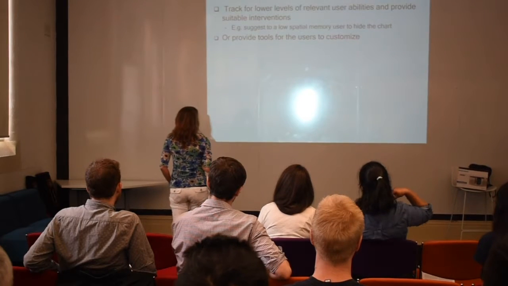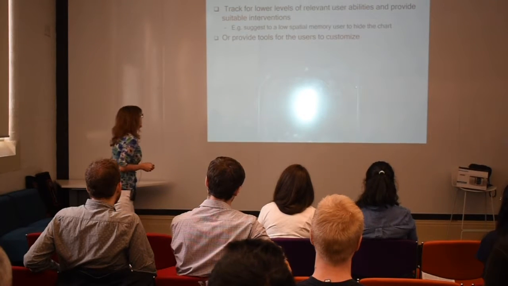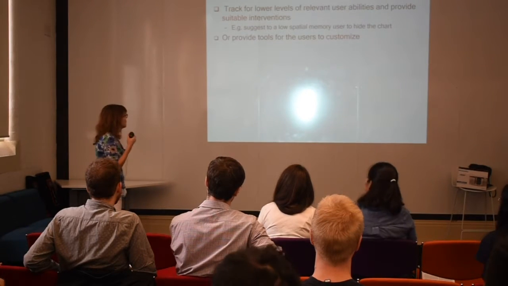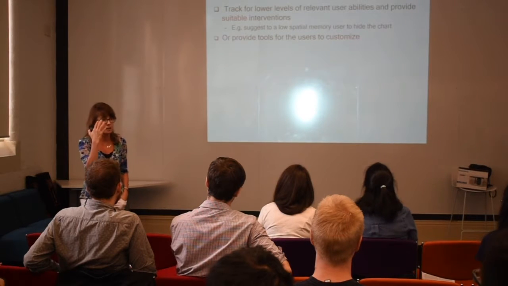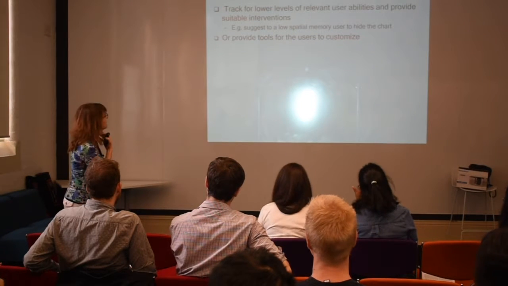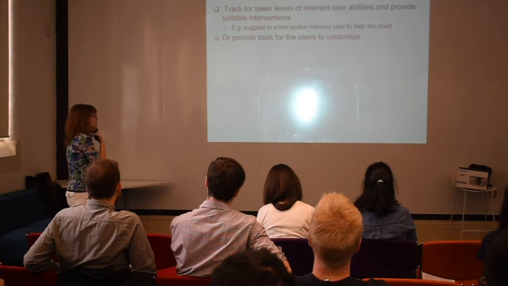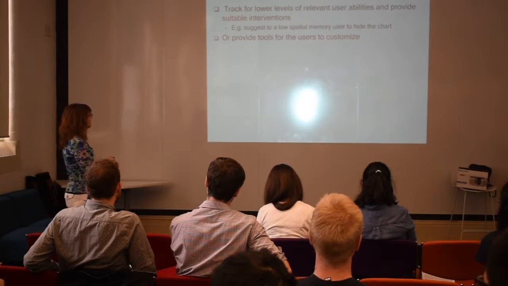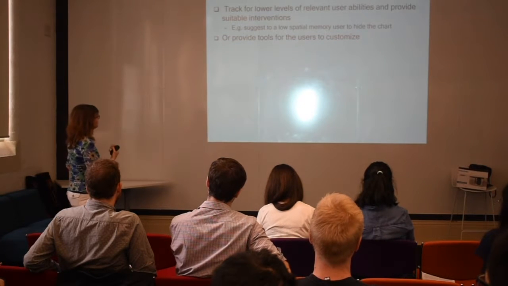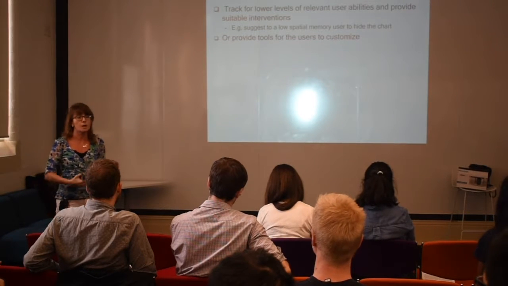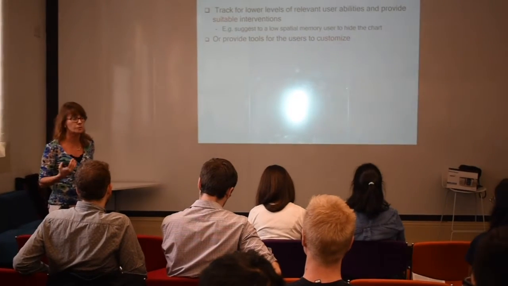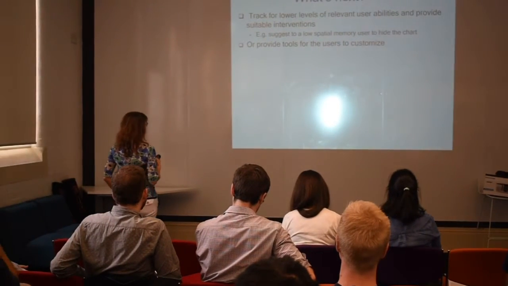So what's next? Well, you might want to track users and detect when they have these lower levels of these abilities that we found to be relevant, and then generate interventions to help them, such as suggest to a low spatial memory user to hide the map, for instance, if it's too confusing for her.